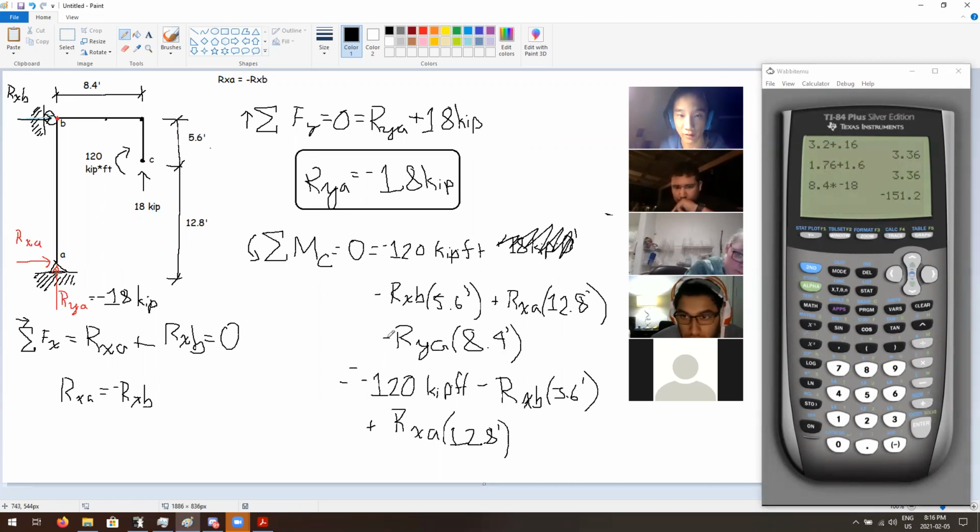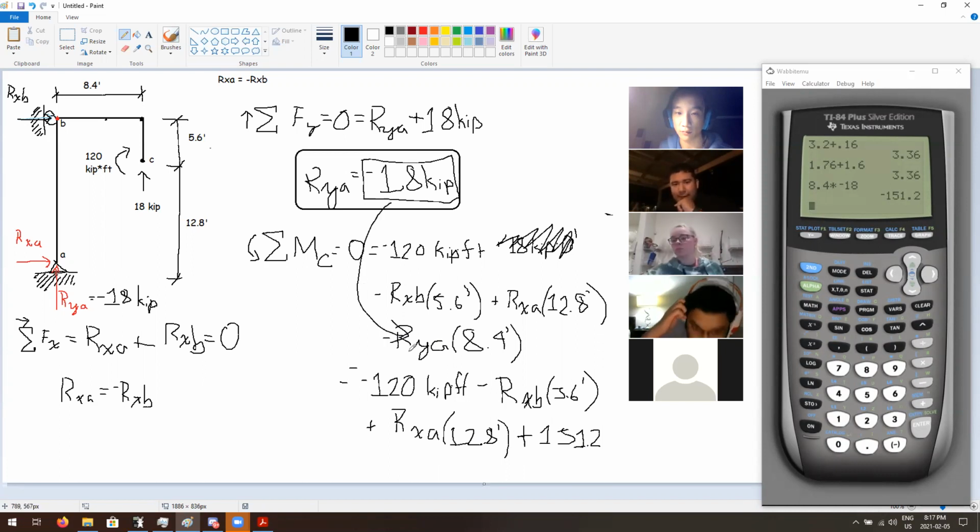So we're gonna minus, see how there's a minus sign, gonna minus negative 151.2. There's two negatives, so we can combine the negatives into a positive. You're plugging in RYA, right? Yeah, you plug this in directly into that.